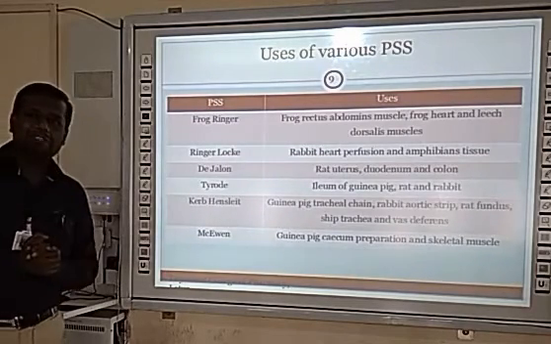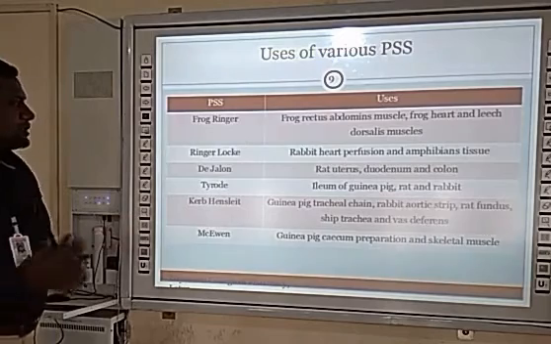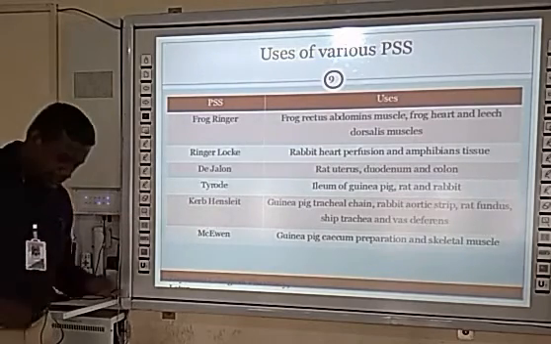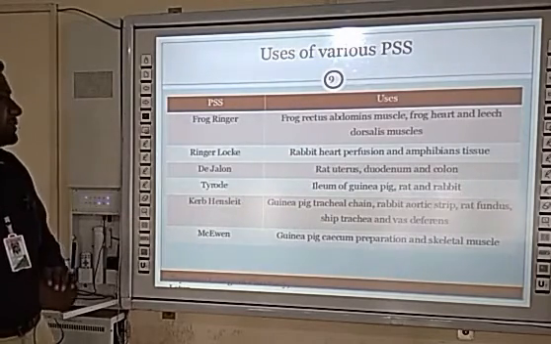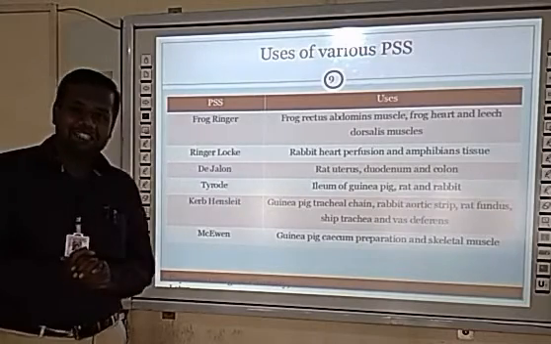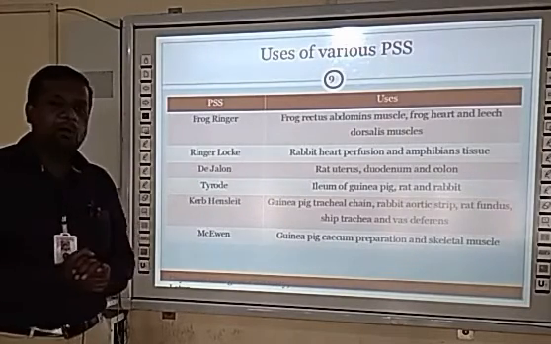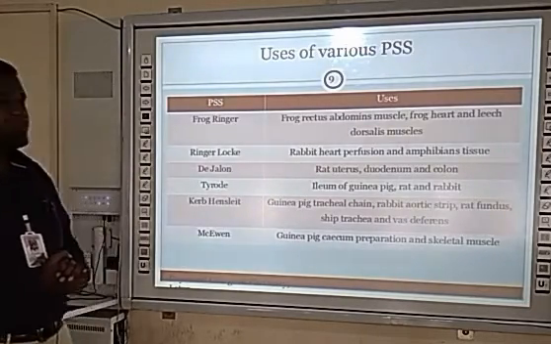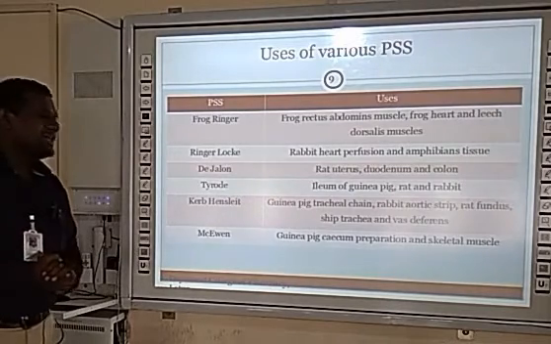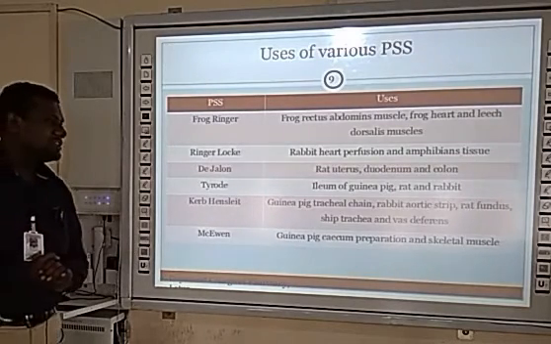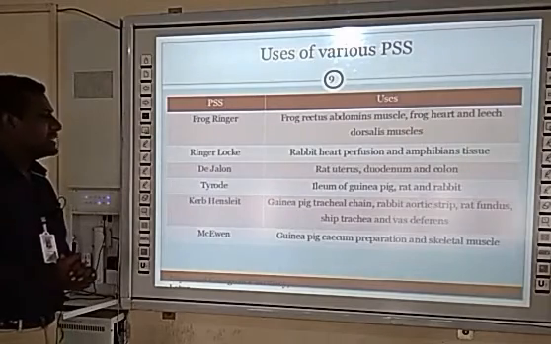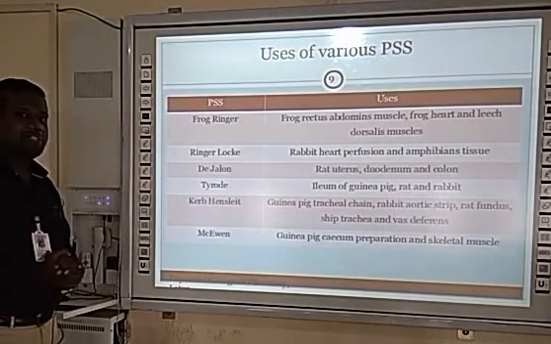Next one is Krebs-Henseleit solution or Krebs solution. Krebs-Henseleit solution is useful in isolated preparation of guinea pig tracheal chain, then rabbit aortic strip, then rat fundus preparation. It is also useful for sheep trachea preparation, then vas deferens preparation.